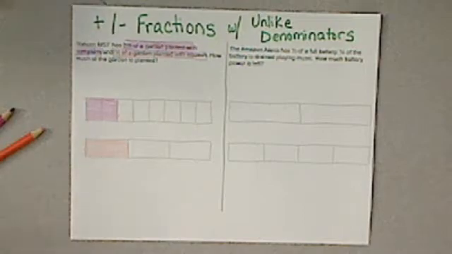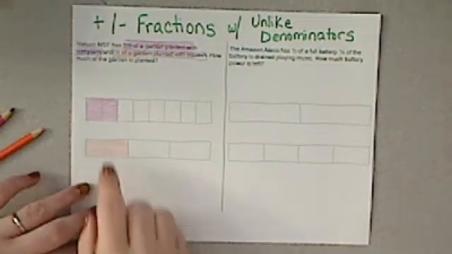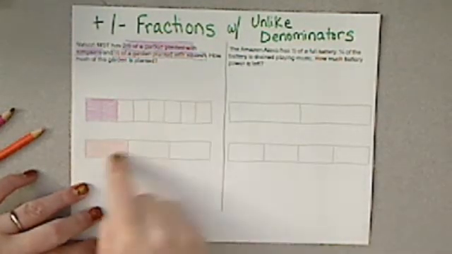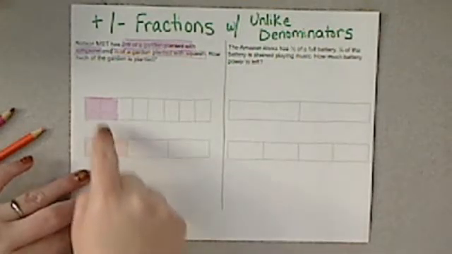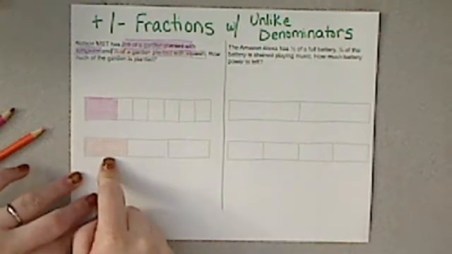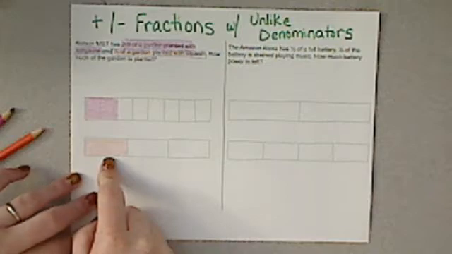Now, when you're adding or subtracting fractions and the denominator, meaning the number of pieces, is different, that's going to be a problem. I want you to stop and think to yourself, why can we not add fractions with unlike denominators without doing something first?